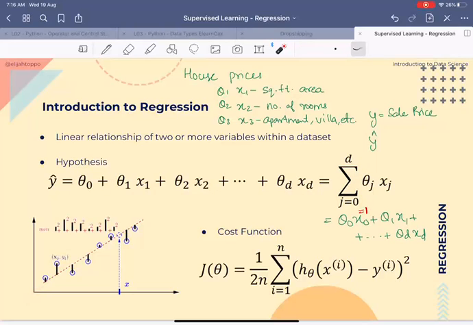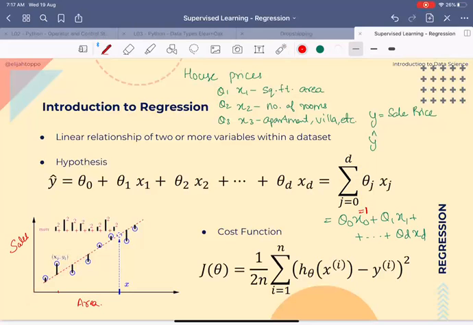But there may be cases where your line may not start from the origin. It may start from a different value. So let me consider an example. Let's say I have house prices here, sale price, and I have got area here, and I have data only for these points.